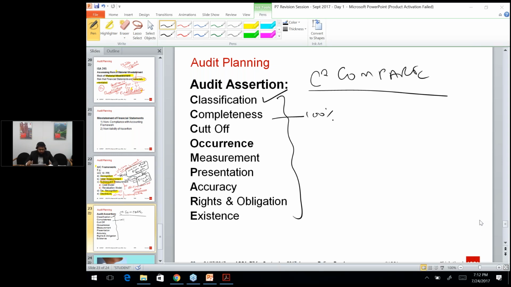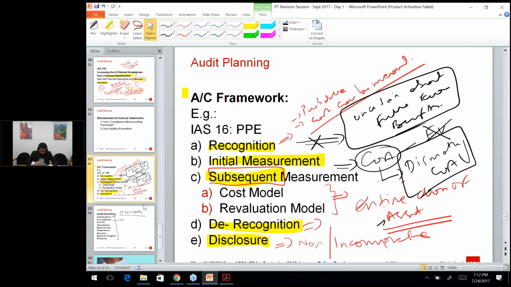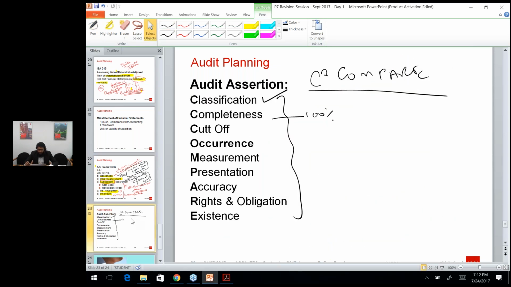So now next, we were talking about the assertions and what exactly the assertions are. The assertions are the declarations by the management whenever they are preparing the financial statements. You could remember the assertions using this mnemonic of C square compare, which is classification as one of the assertions, which is that the assets have been classified as assets, the liabilities as liabilities, current assets as current assets, etc., etc. So that's number one.